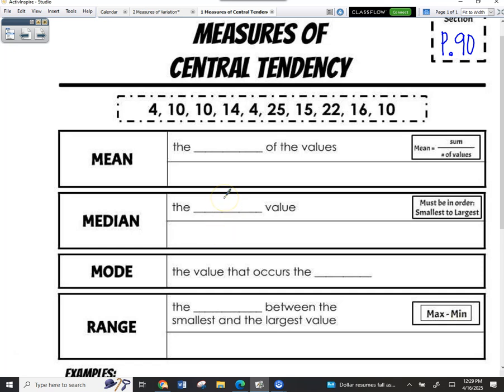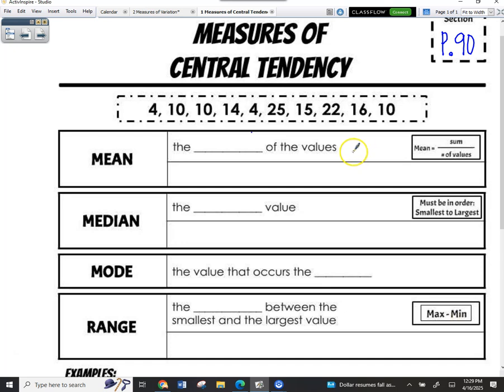What do you recall that the mean, not trying to repeat myself here, what is the mean of some data? What is it? Do you remember? The mean of a set of data.